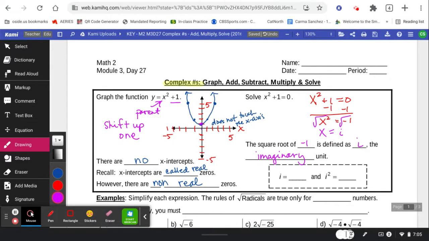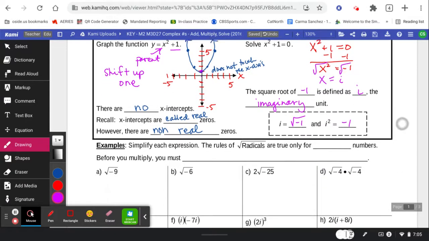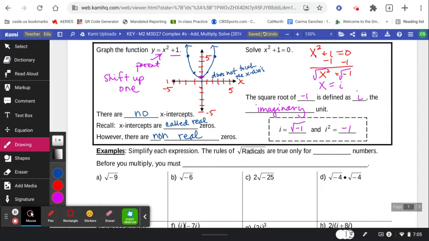Leave it to mathematicians who can't find an answer, so they make up one, okay? So i equals the square root of negative 1. That's our new definition, and therefore i squared would just equal negative 1. We're going to use these definitions in the following examples. So simplify each expression. Remember that the rules of radicals are only true for real numbers.